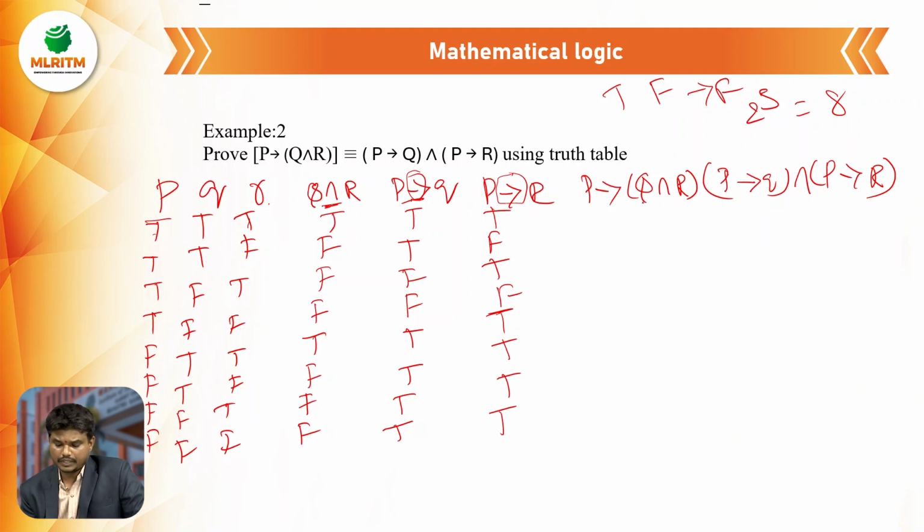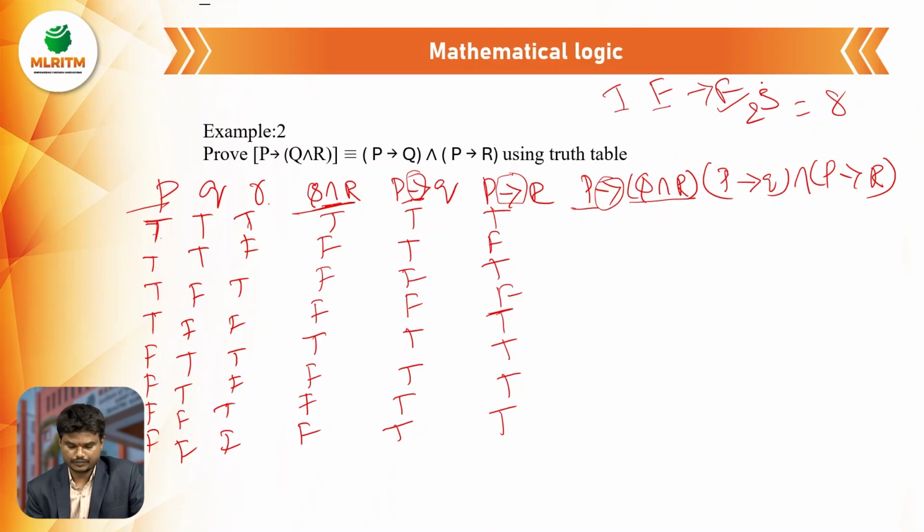Next, P implies Q and R. So first we start with P. P implies Q and R. What is the condition? Implication. If the first case is true and the second case is false, it will be false.